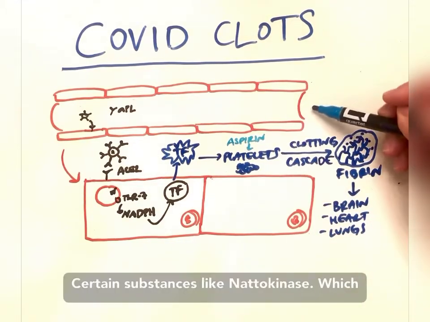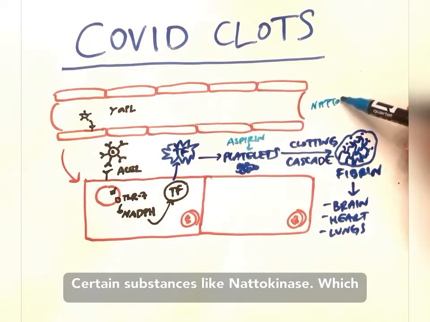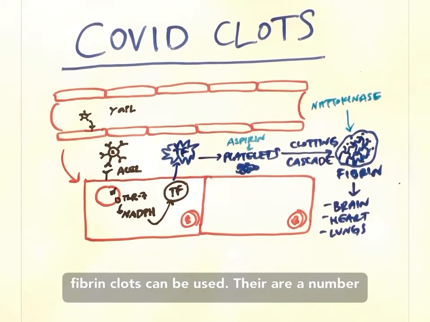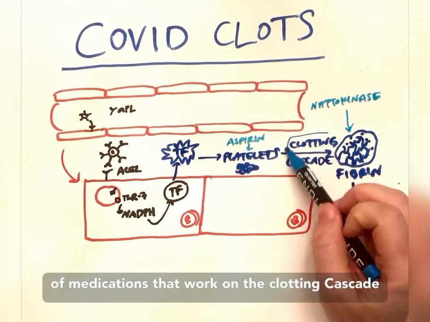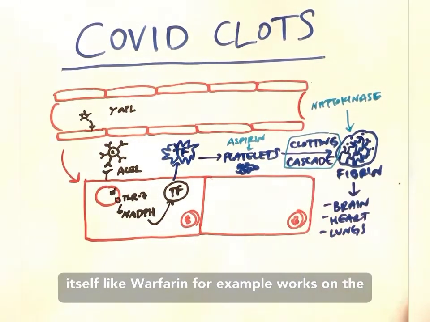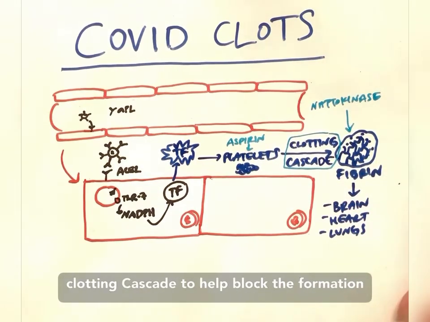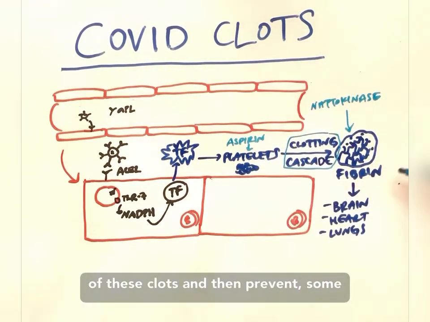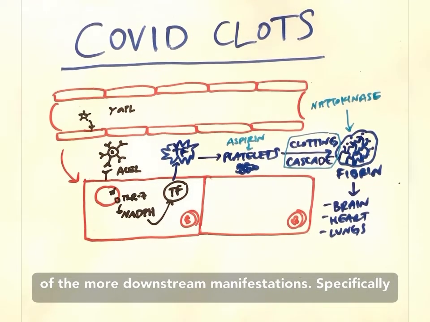Certain substances like nattokinase, which is a natural substance that can break apart fibrin clots, can be used. There are a number of medications that work on the clotting cascade itself, like warfarin, for example, which works on the clotting cascade to help block the formation of these clots and then prevent some of the more downstream manifestations.